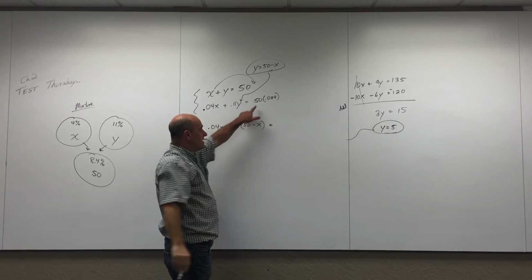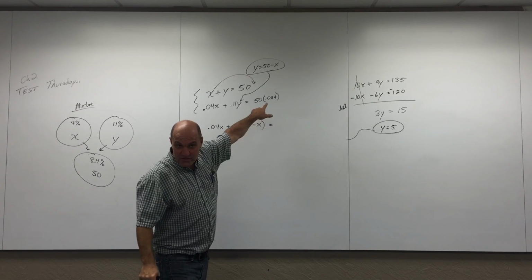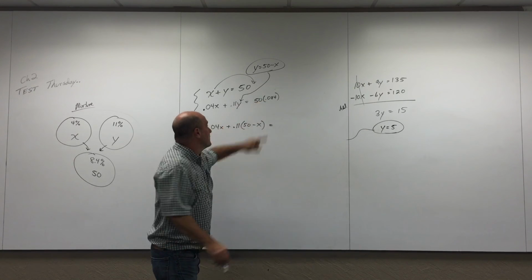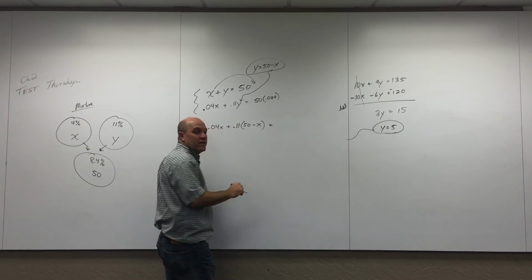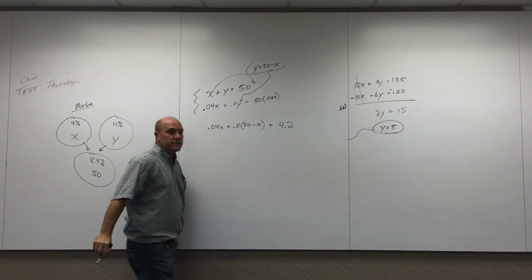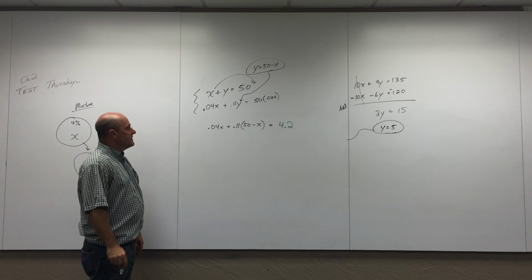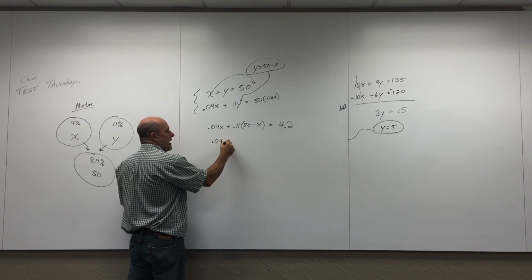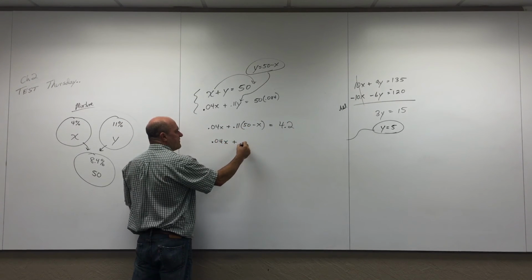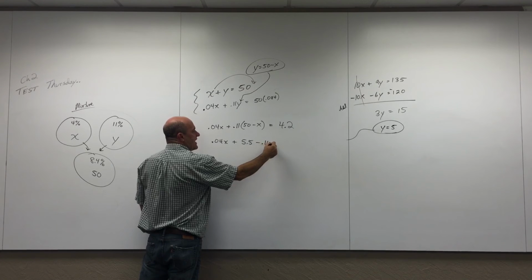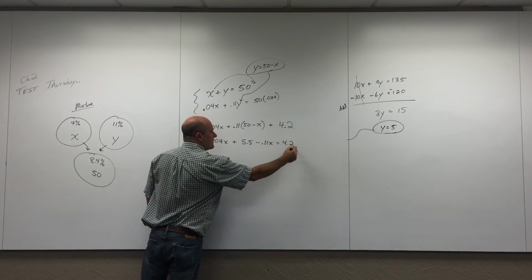What's that number? Anybody got that number? 4.2. Oh, okay, maybe your decimal was off a little. Yeah, 4.2. Okay, thank you. All right, I'm going to try this. I'm going to distribute the 0.11. What's the 0.11 times 50? 5.5. Thank you. 0.11 times the x is negative 0.11x equals 4.2.